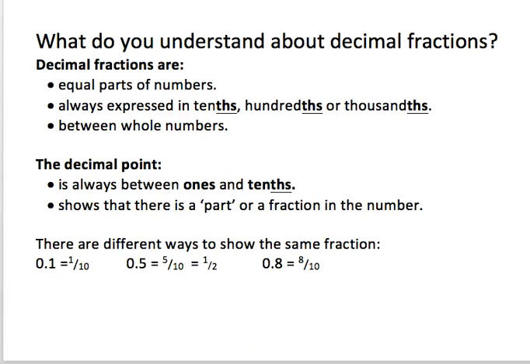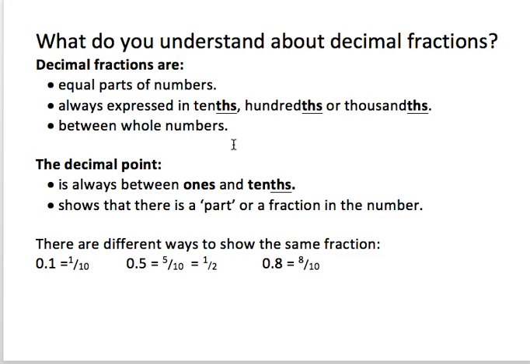Now, what do you need to know to be really good at working with decimal fractions? You've got to know that a decimal fraction is an equal part of a number. They are always expressed in tenths, hundredths or thousandths, and those are the parts of the numbers that fall between the whole numbers.